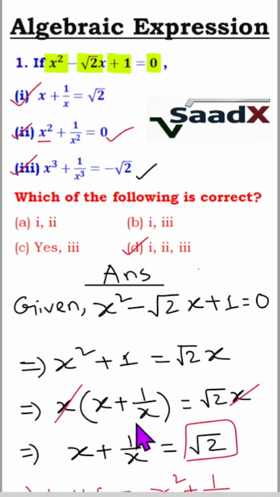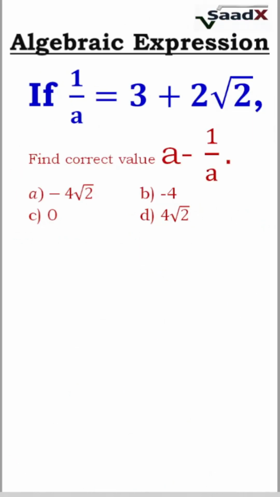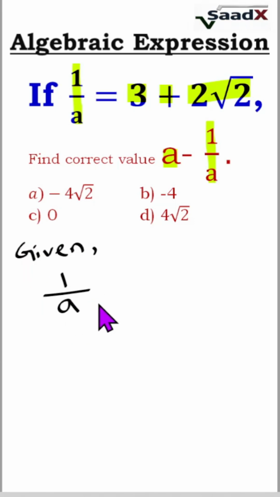Number D is correct. If 1 by a equals 3 plus 2 root 2, find the value of a minus 1 by a. So here is given 1 by a equals 3 plus 2 root 2.